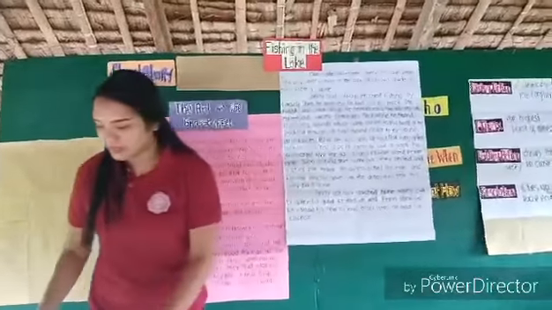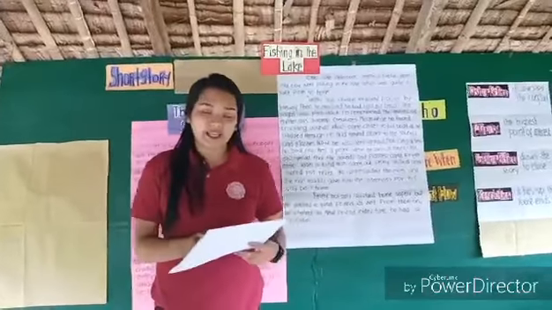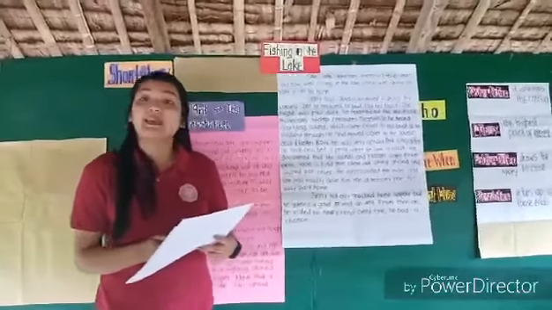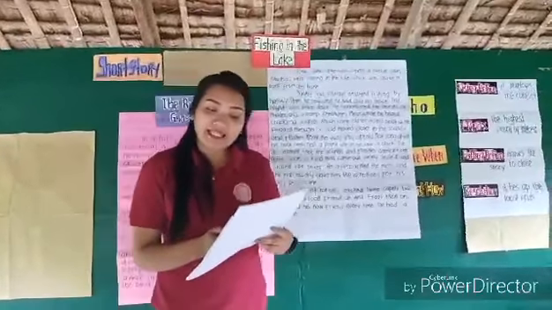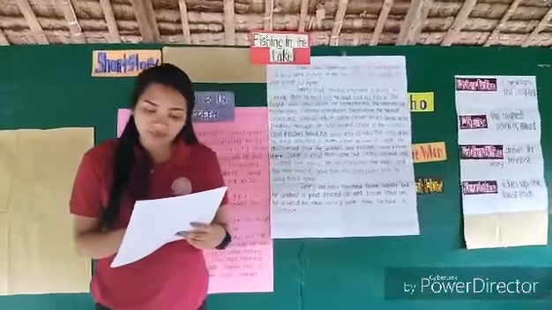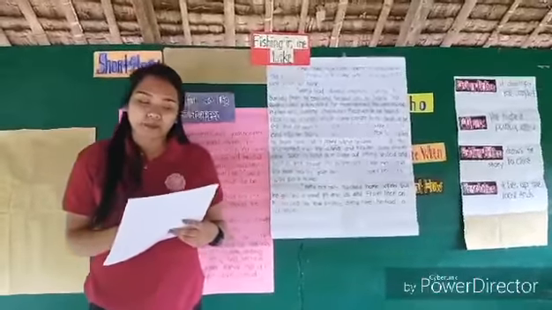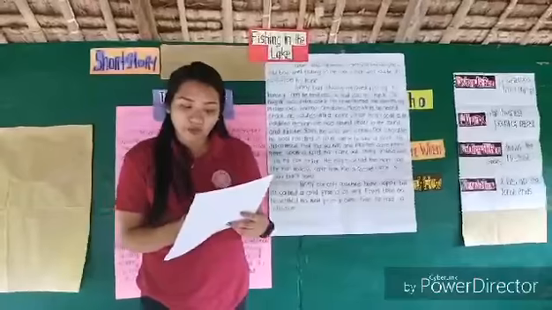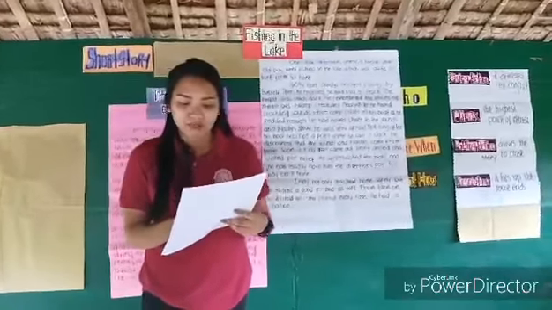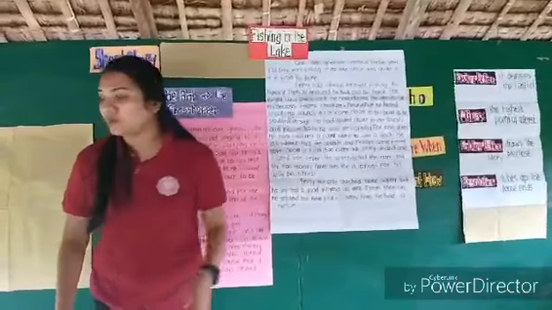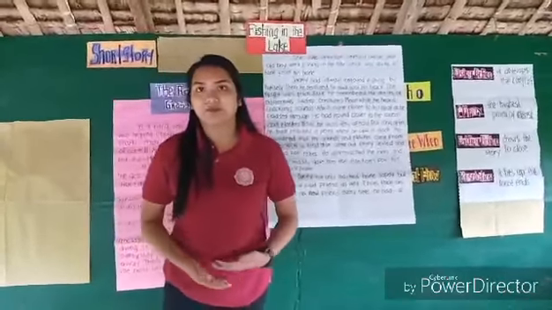Here are the rubrics. 10 points for those who can easily identify and describe the elements of a short story. 8 points for those who can easily identify but did not describe properly the elements. And 5 points for those who made an effort but did not identify and properly describe the elements. I will give you 5 minutes to finish it, and you may start now.